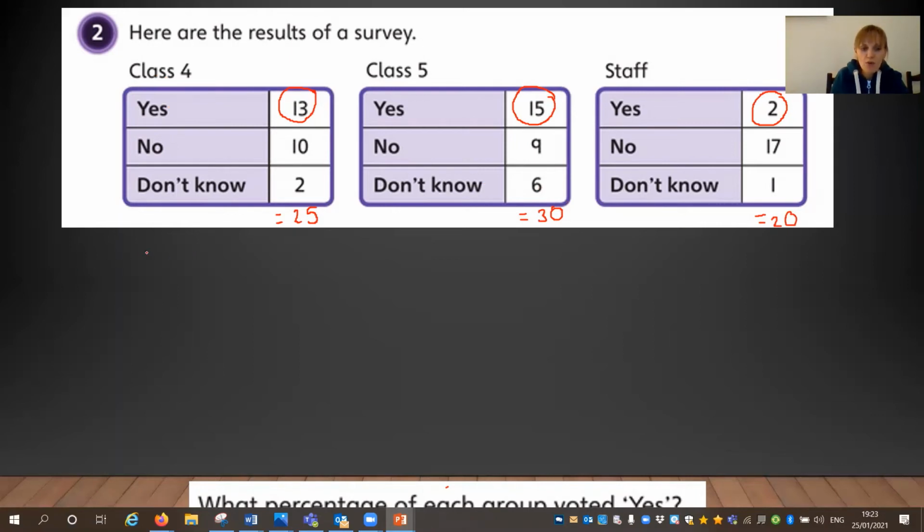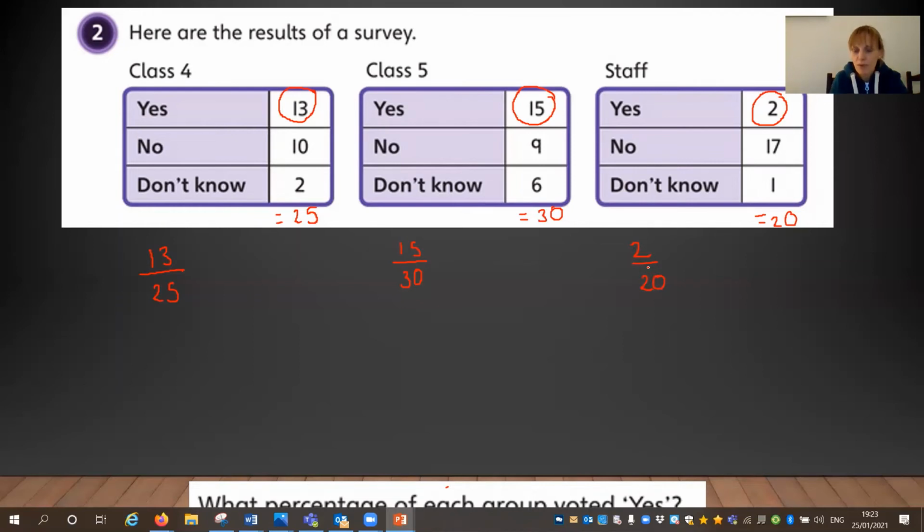So in class 4, 13 out of the 25 people voted yes. In class 5, 15 out of 30 people voted yes. And in the staff, 2 out of 20 voted yes.